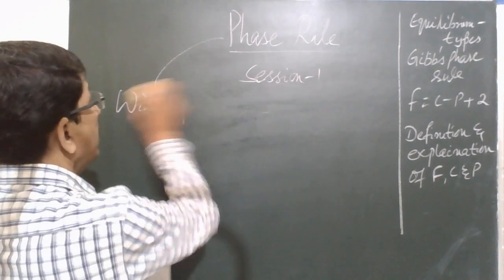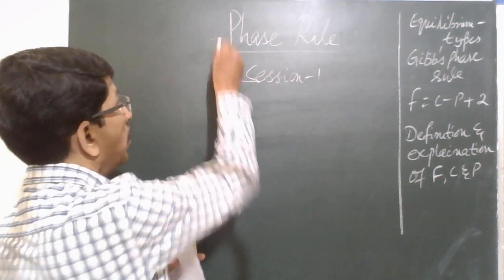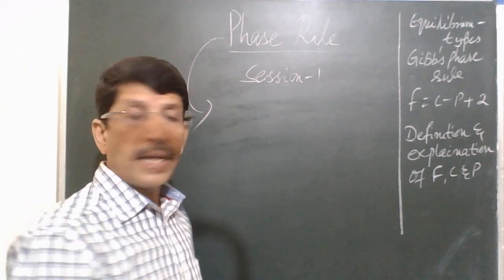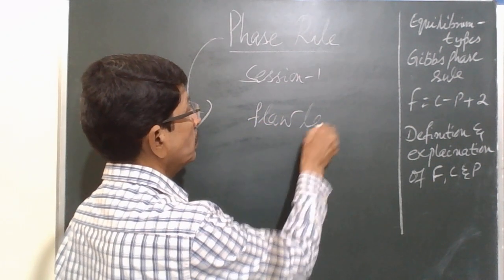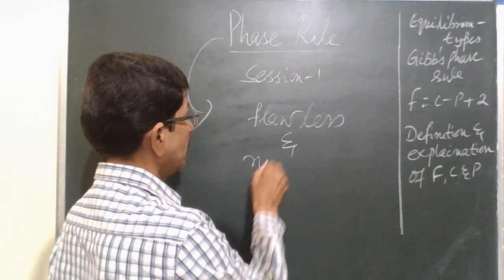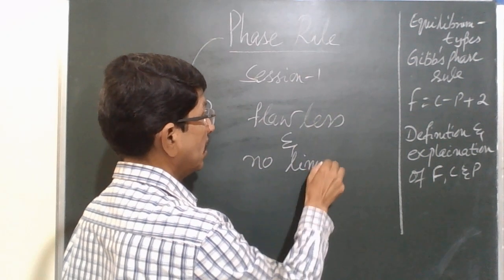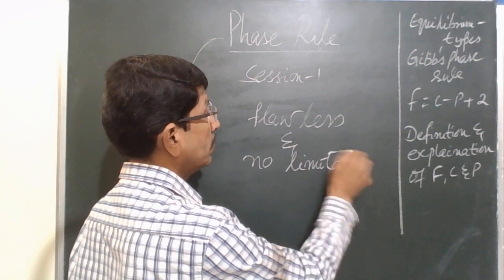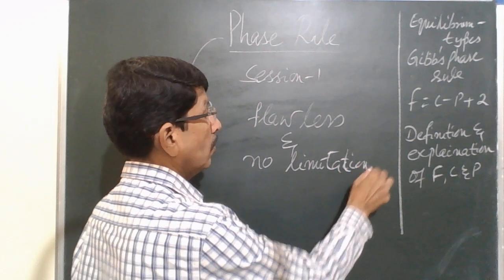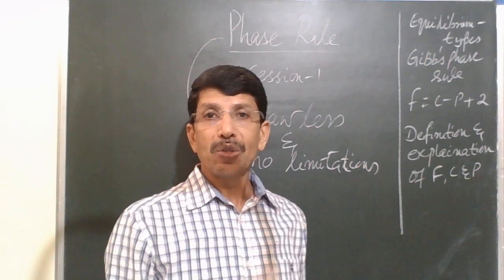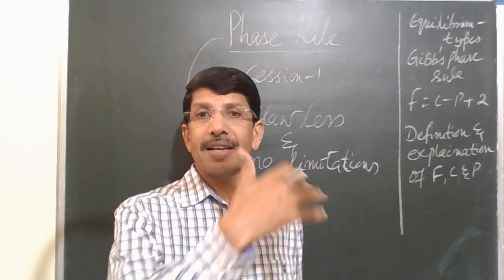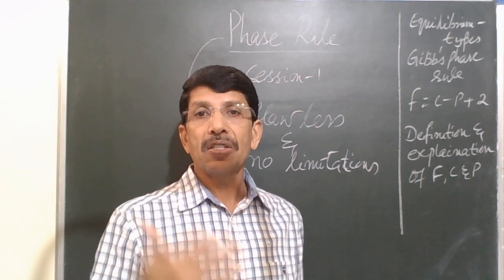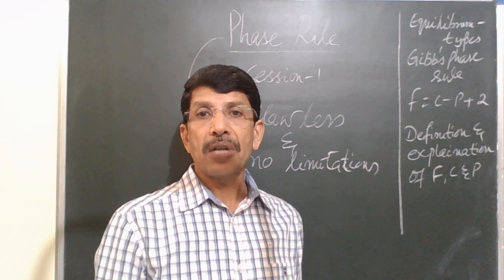And the importance of this phase rule is that it is flawless and has no limitations. Look at the beauty of this. Gibbs phase rule has no flaws and no limitations, unlike certain laws in real chemistry like the distribution law and Ostwald's dilution law.